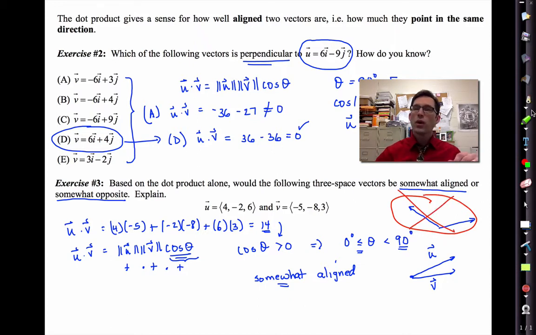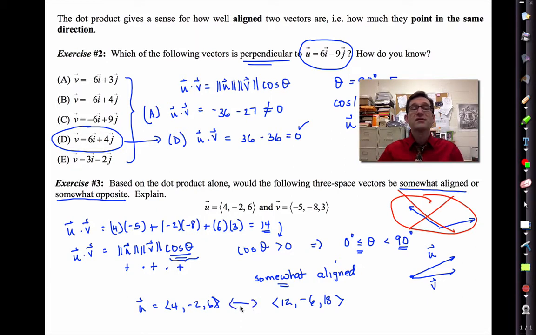Now you might ask, well, why aren't they totally aligned? Well, that I can tell for certain. 2 vectors will be totally aligned if one of them is a scalar multiple of another. So, for instance, you've got your u here, which is 4 comma negative 2 comma 6. If I came along and multiplied everything by 3, so I got 12 comma negative 6 comma 18, these 2 vectors would be totally aligned.